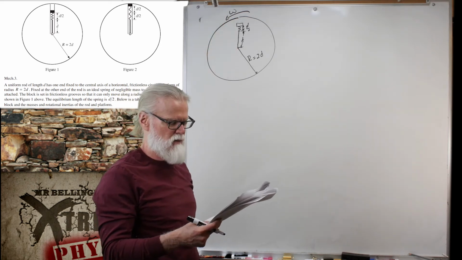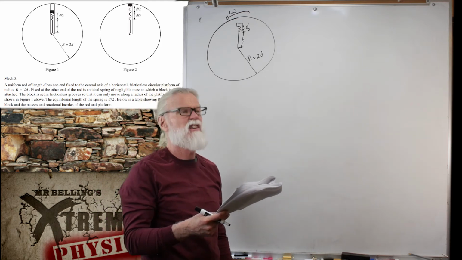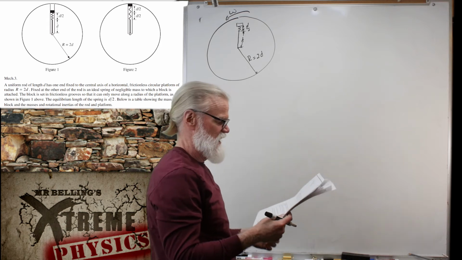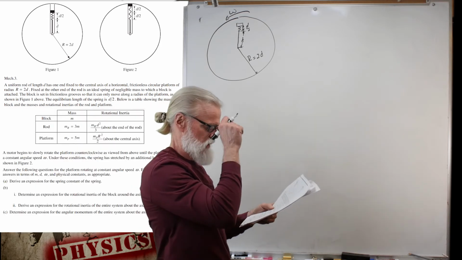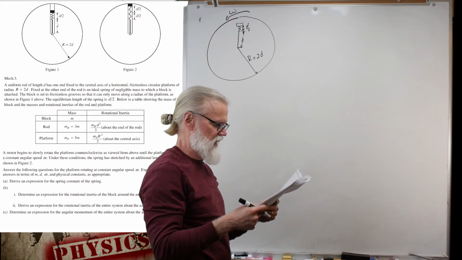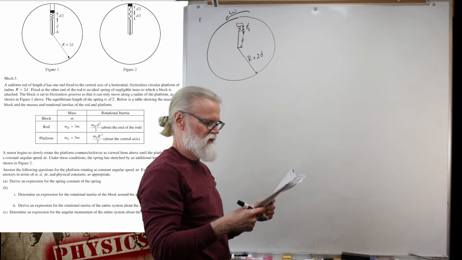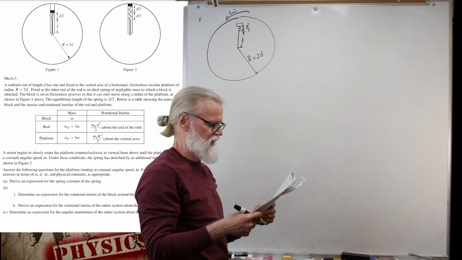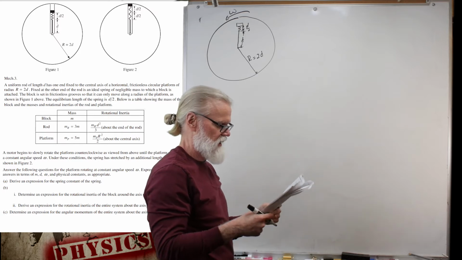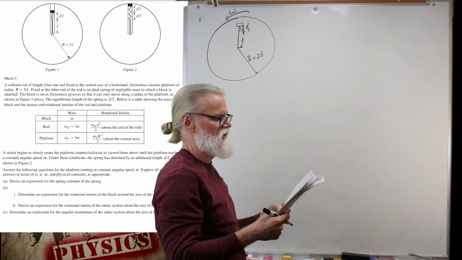Below is a table showing the mass of the block and masses and rotational inertias of the rod and platform. A motor begins to slowly rotate the platform counterclockwise as viewed from above until the platform reaches a constant angular speed omega. Under these conditions, the spring has stretched an additional length d/2 as shown in figure 2.